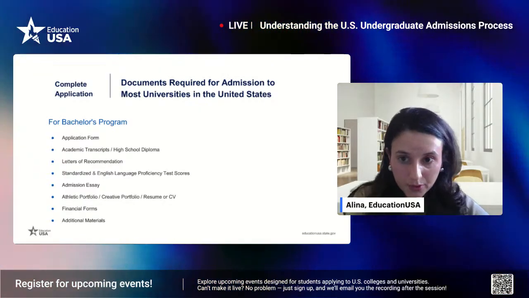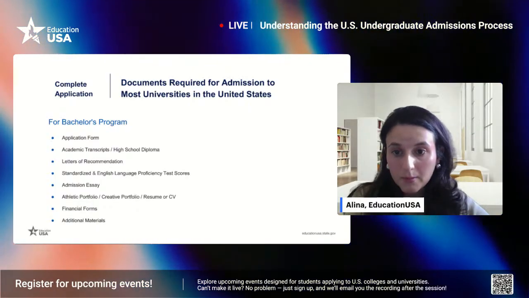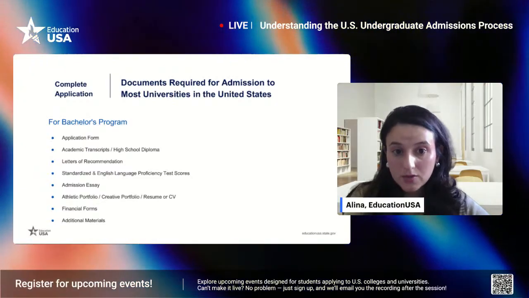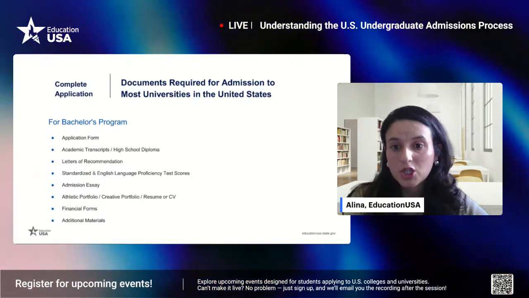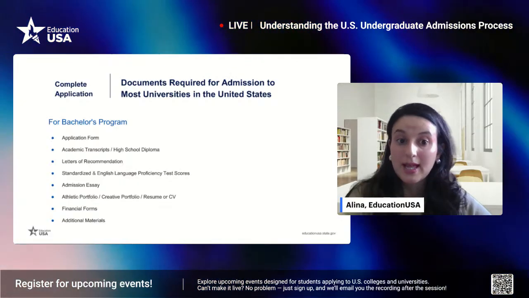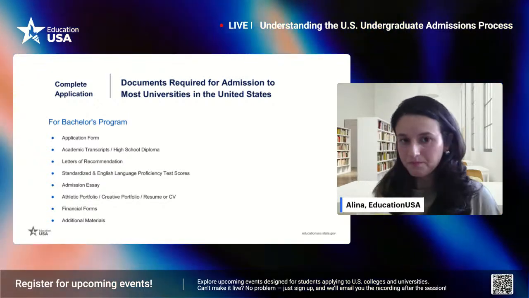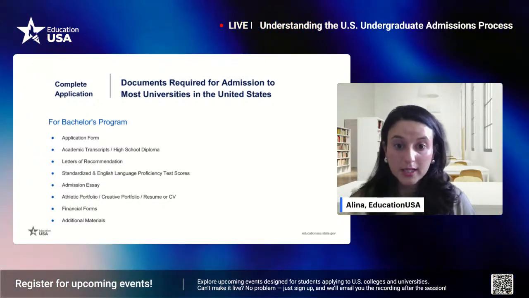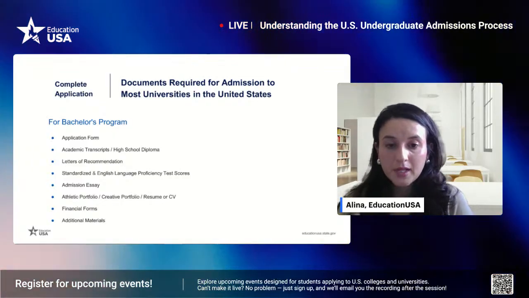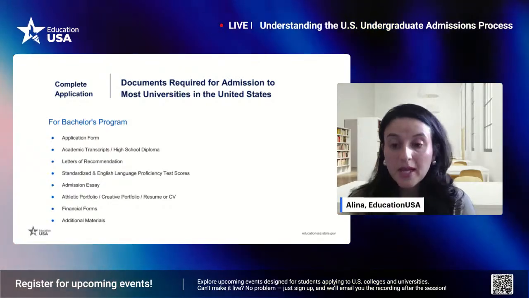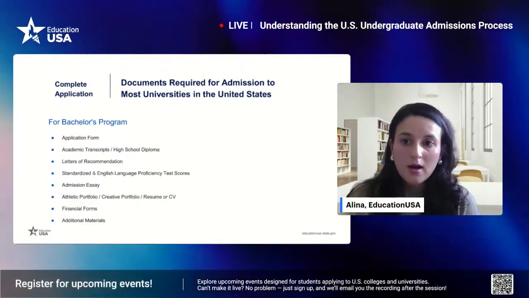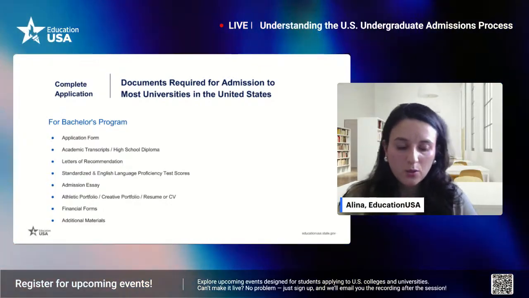For a bachelor program, you need your application form, the academic transcripts, your high school diploma, the letters of recommendation, the standardized and English language proficiency test scores, the admission essay, your athletic portfolio if it's an athletic school that you're applying to, a creative portfolio if it's an art school, a resume or CV if that's needed, financial forms, of course, and additional materials that they might also need from you, depending on the program that you are applying for.